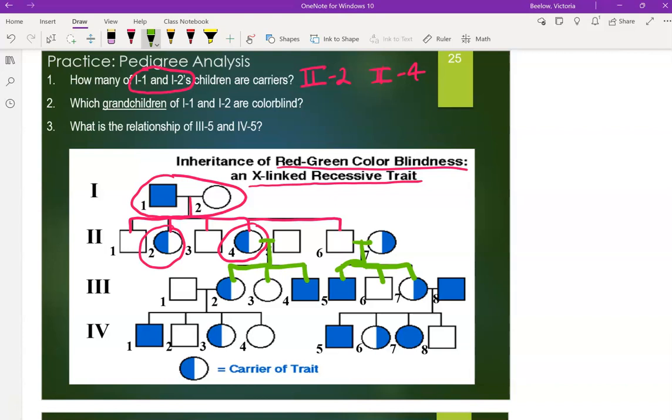So for 1-1 and 1-2, 2 of their children had children. And out of those grandchildren, the ones that are colorblind would be fully shaded. So that would be generation 3, 3-4 and 3-5. Those 2 would be colorblind because they are fully shaded.